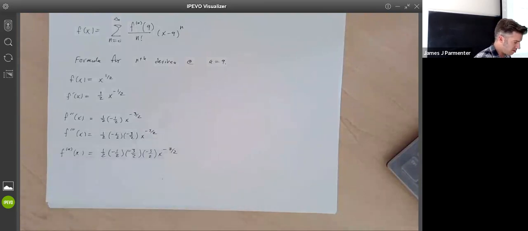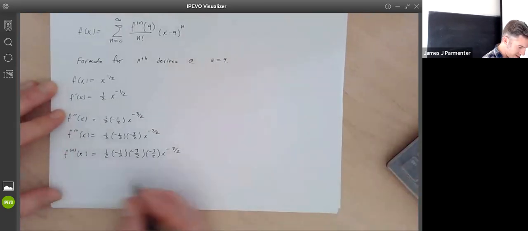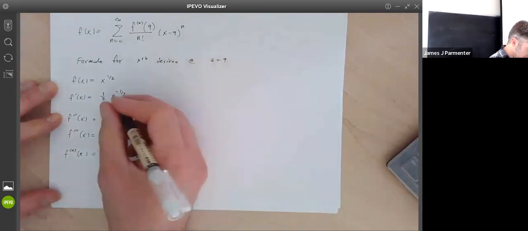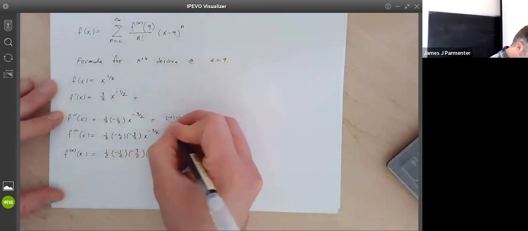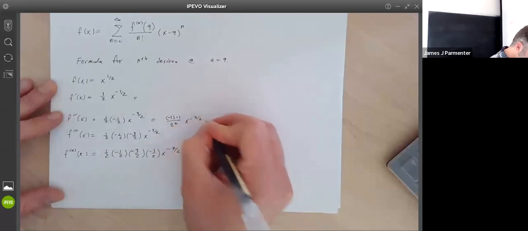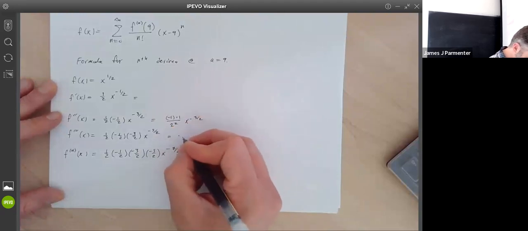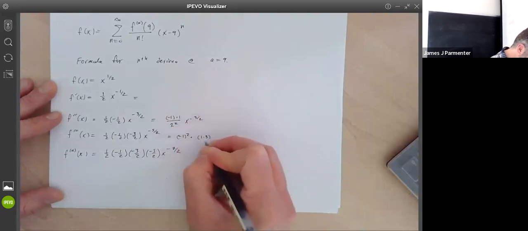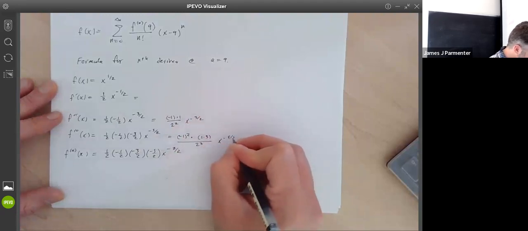Okay, so the way I can write this is, just to point out, I'm going to think of this next one as -1 times 1 over 2 squared times x to the negative 3/2. And this one is -1 squared times 1 times 3 over 2 cubed times x to the negative 5/2.